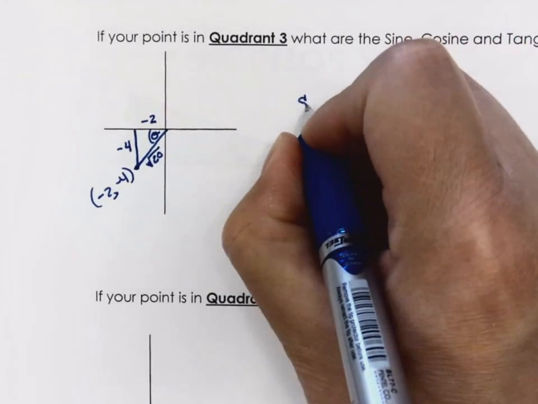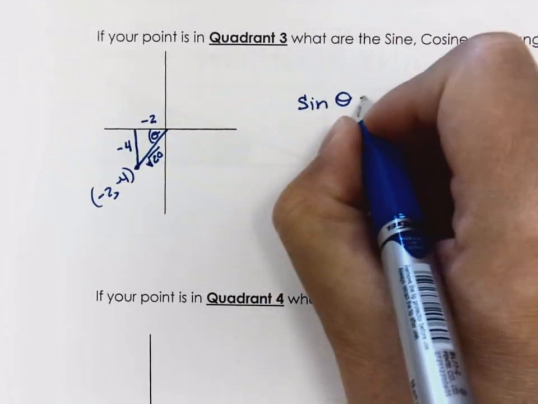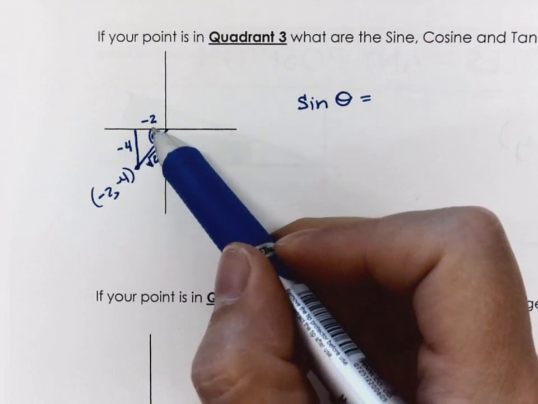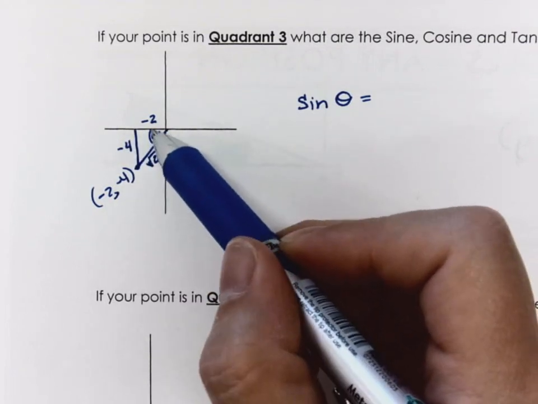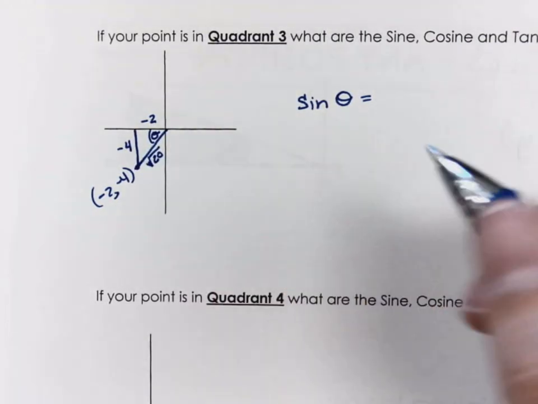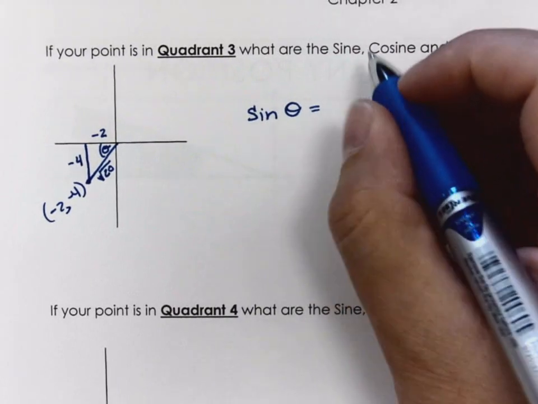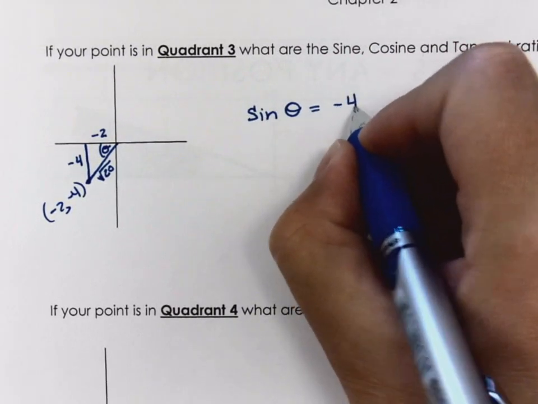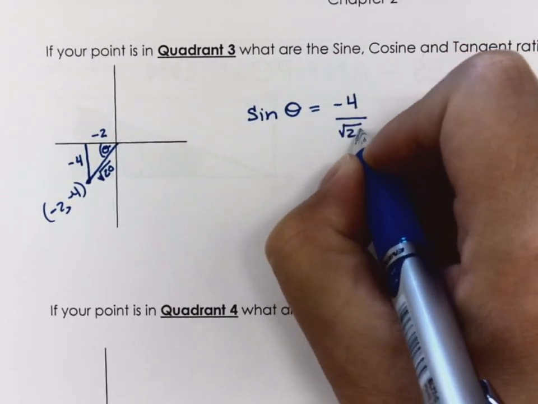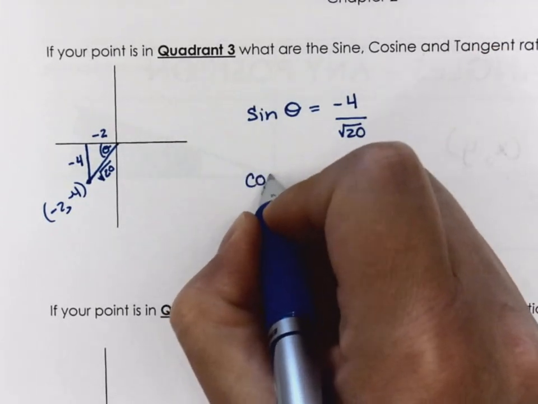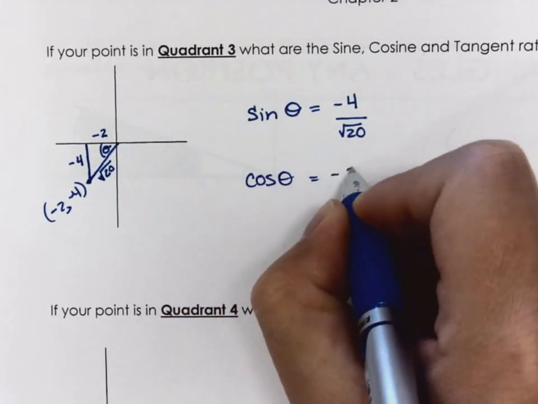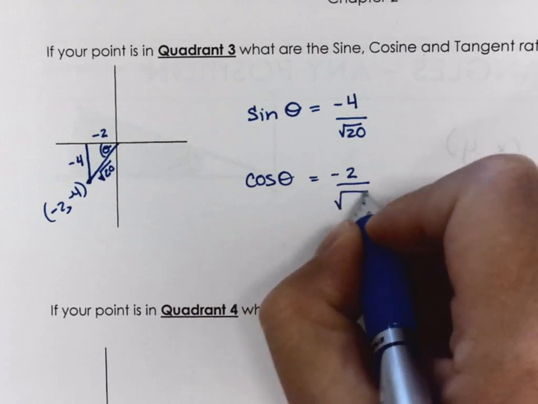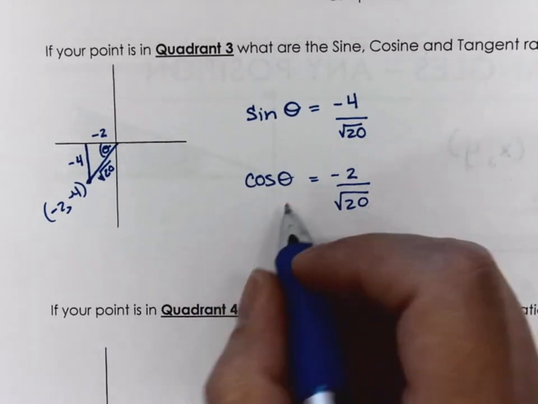So we're going to do sine. Sine of that acute angle. And it's here, or that reference angle, because it's always against the x-axis. So it has to be there. So this is going to be opposite, which is -4 over root 20. Cos is -2 over root 20. Hey, that's the same as quadrant 2.